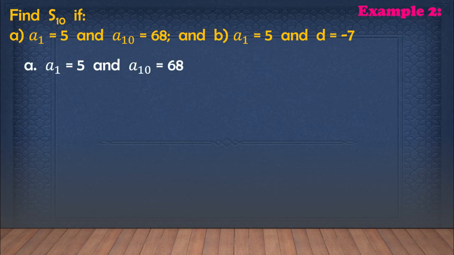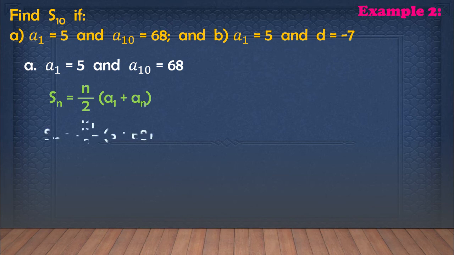In letter A, since we are given a sub 1 and a sub n here, then we can use this formula: S sub n equals n over 2 times the quantity a sub 1 plus a sub n. Now by substitution, we will have S sub 10 equal to 10 over 2 times the quantity 5 plus 68.